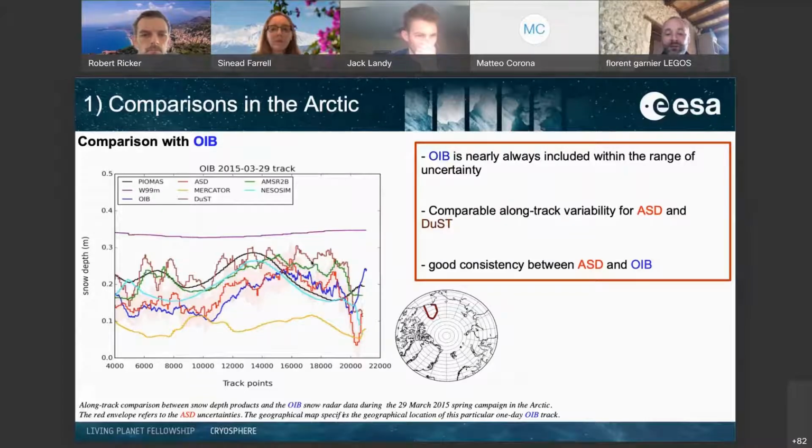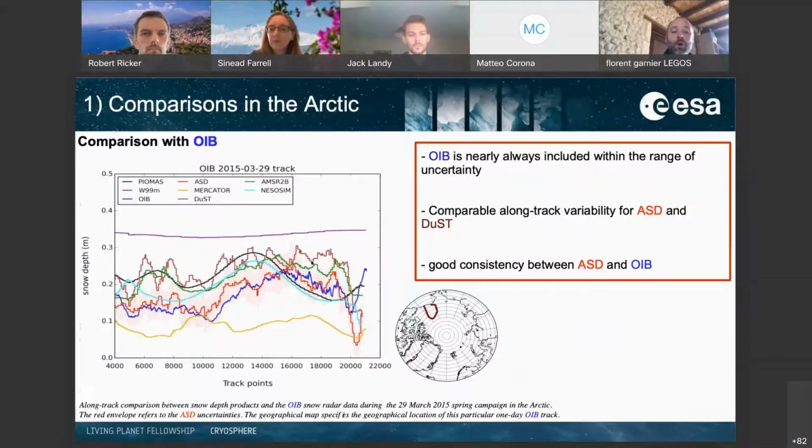In grid, IMSR2, there are the model data and also the Warren climatology, which is, as we could expect, strongly overestimating the data. We see quite good agreement with ISD, in particular in terms of along-track variability. It's not always as good, but most of the time Operation IceBridge is at least included within the range of ISD uncertainty.